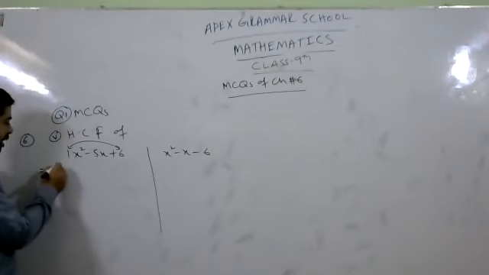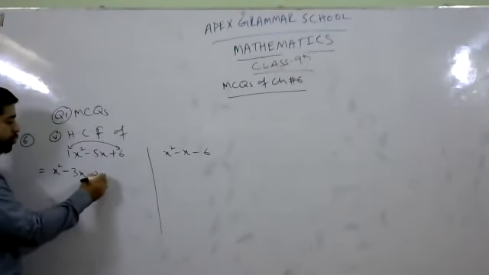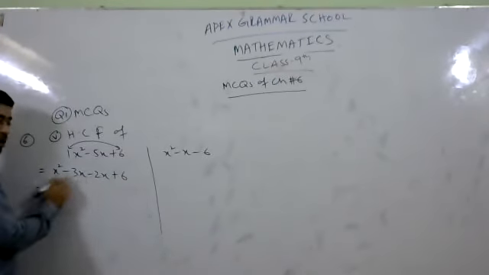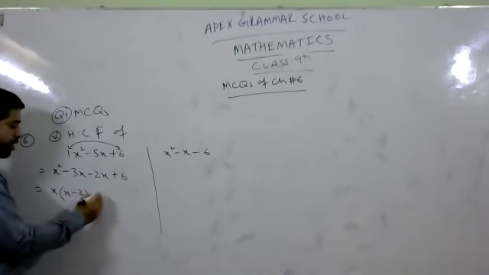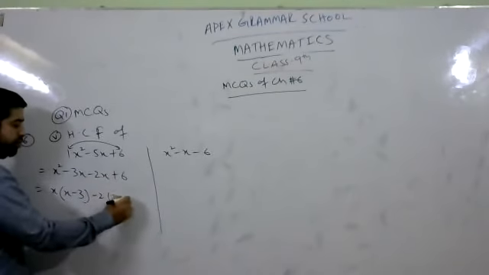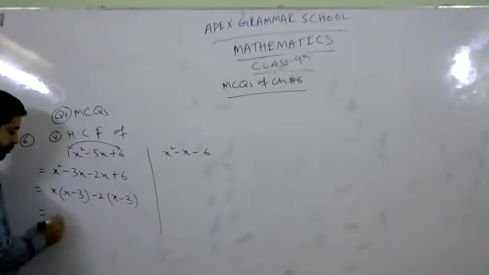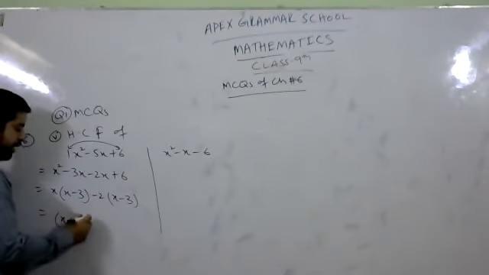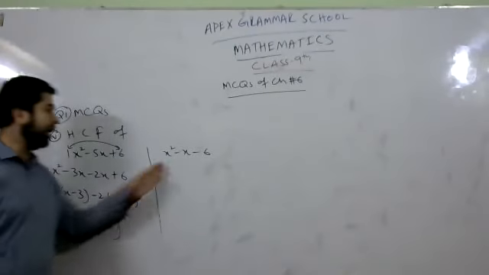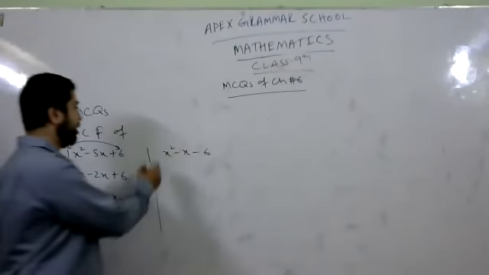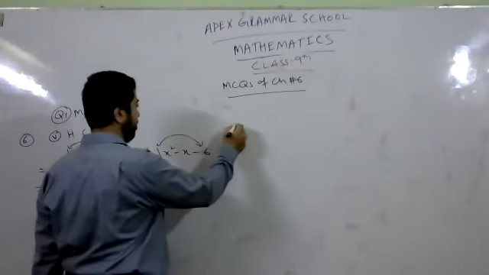So both numbers are minus 3 and minus 2. x will be common, x minus 2 will be common, signs are changed, both are same, and then x minus 2. We have already done these questions. Again, x² minus x minus 6, coefficient is 1, 1 multiplied by minus 6 will make minus 6.